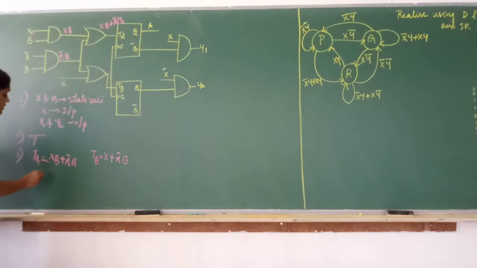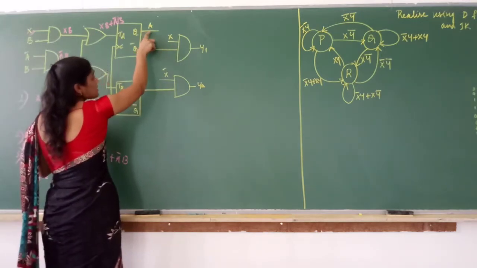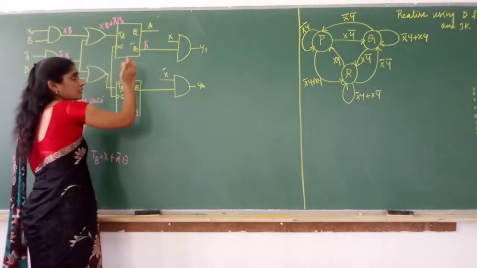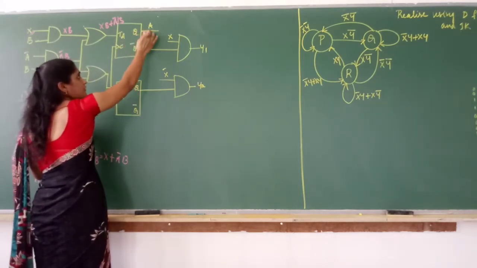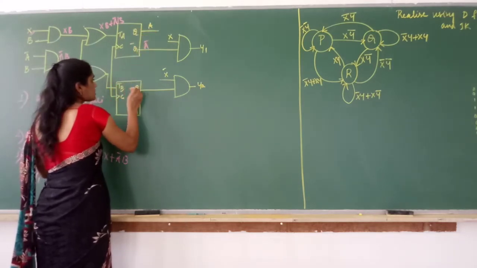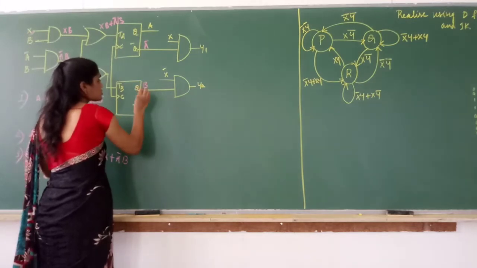Then what is the equation for y1? One input is x. What is the other input? This output, if they are calling it A, this will be A bar. Don't take it as Q bar. They are denoting the output of the first T flip-flop as A, so this will be A bar. And this, they are going to call it B, so this will be B bar.